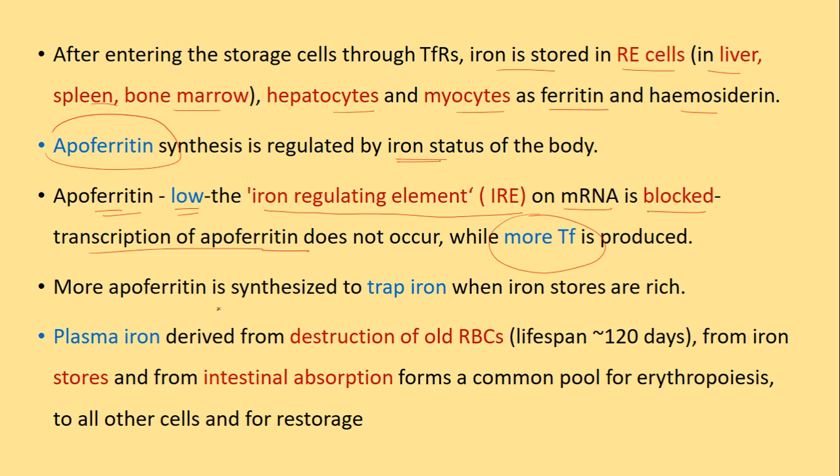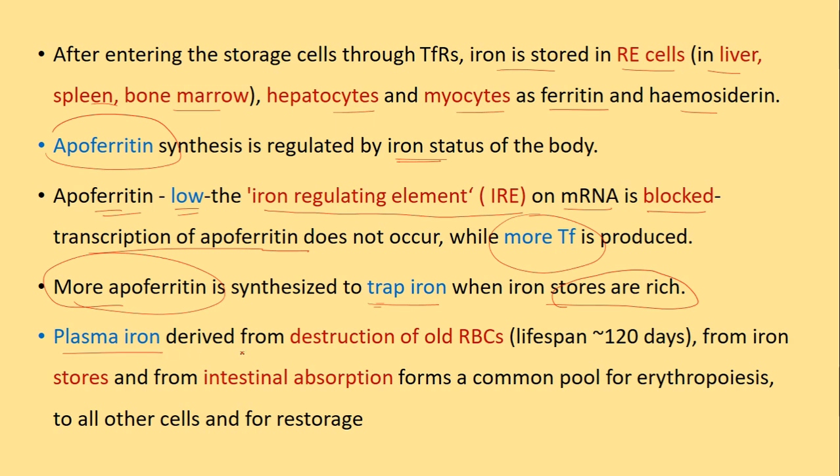So more apoferritin is synthesized in such case to trap iron when iron stores are rich. So whenever iron stores are rich, the more apoferritin which is synthesized in the body will be helping in trapping the iron. So thereby it prevents the iron overload.